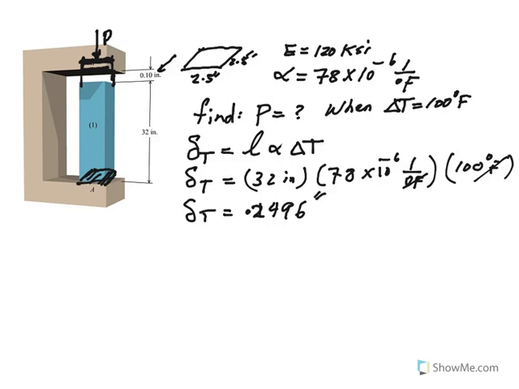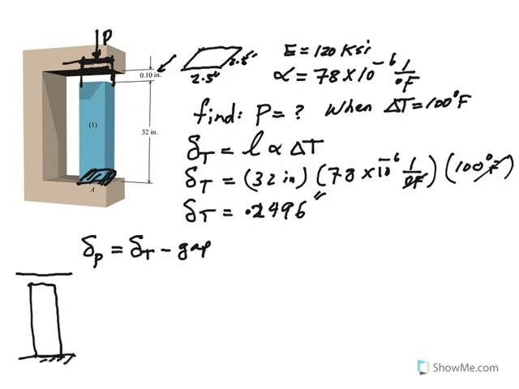So let's see what's the difference between this delta T and the gap. So whatever the difference is going to go into what we call a deformation. So this is basically your delta P. I can draw another picture here for you. So here's the bar, right? Here's the gap. So when temperature rises, this is the gap here, which is 0.1.